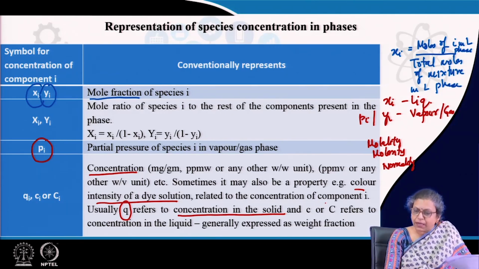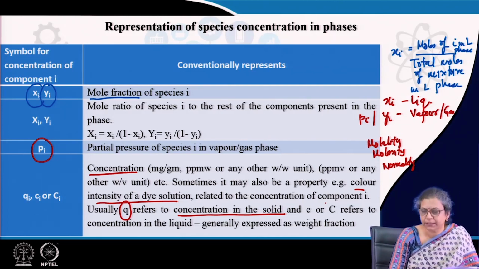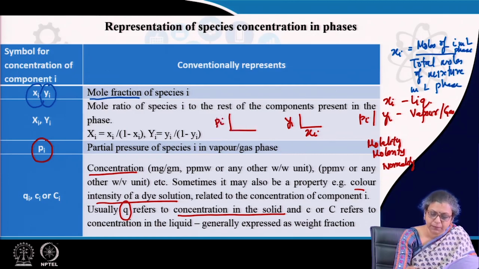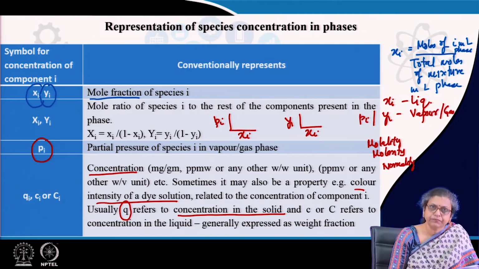So, for distillation and absorption, generally for distillation it is Yi versus Xi. For absorption, it is sometimes preferable to use Pi versus Xi.